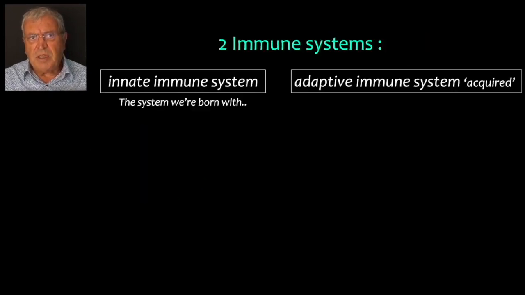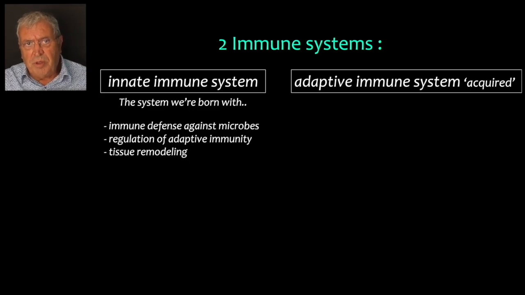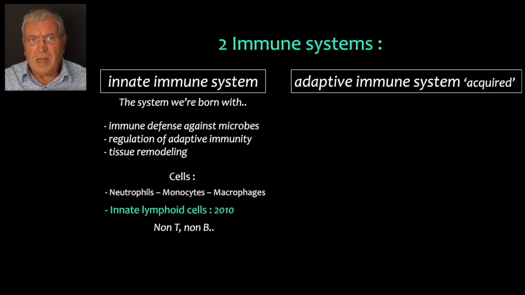We have two immune systems. The innate, the system we're born with, is for immune defense against microbes and foreign bodies, regulation of adaptive immunity and tissue remodeling. The cells are the white cells and the innate lymphoid cells, cells that we discovered just a few years ago.